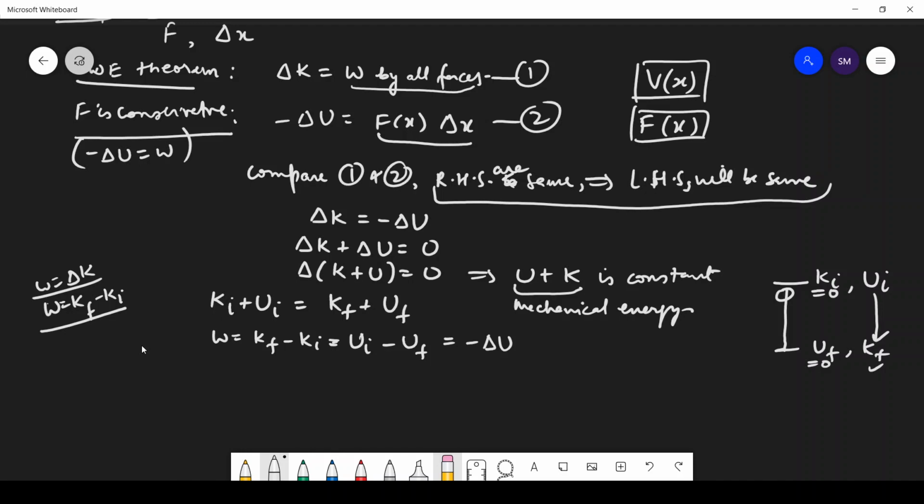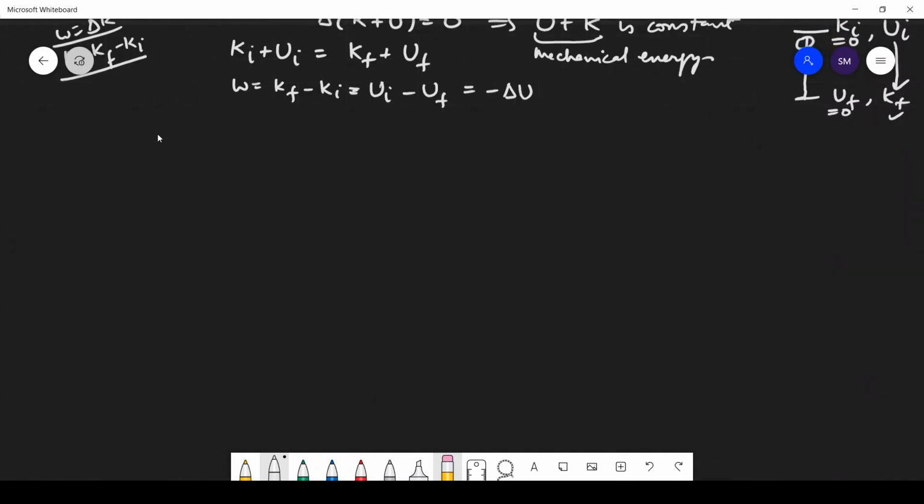Now let us do one very simple derivation, means we are deriving the formula for the conservation of mechanical energy.